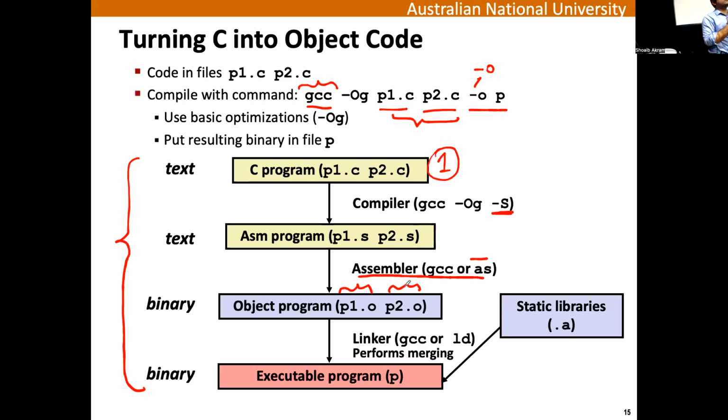What library have you used in the first lab? The standard IO library, the standard C library. The standard C library provides a lot of utilities, so you don't have to rewrite things that you want every day from scratch. The linker takes all your object files and all the libraries that you want to use, and it produces a final executable.